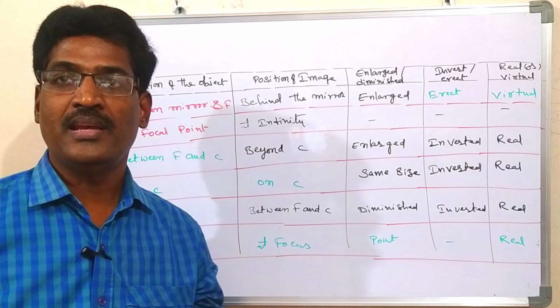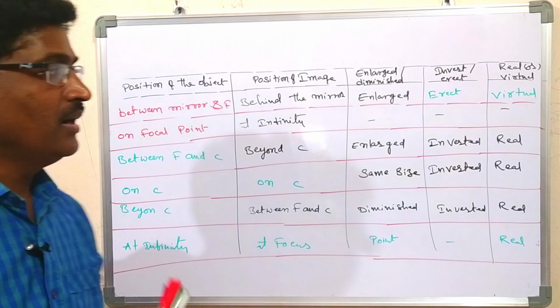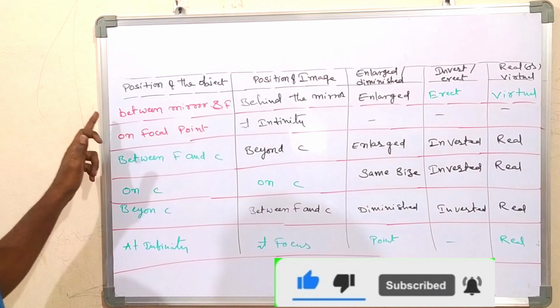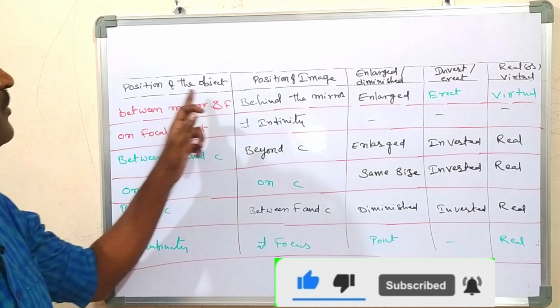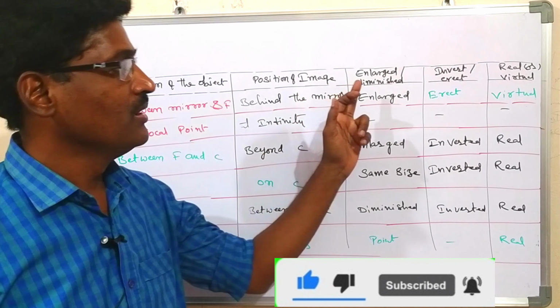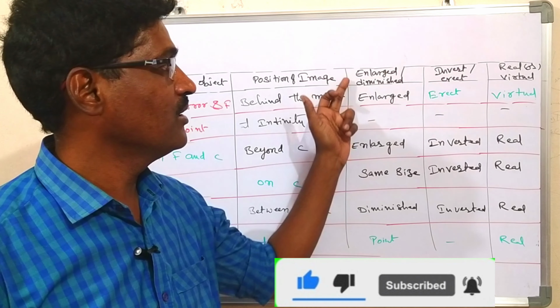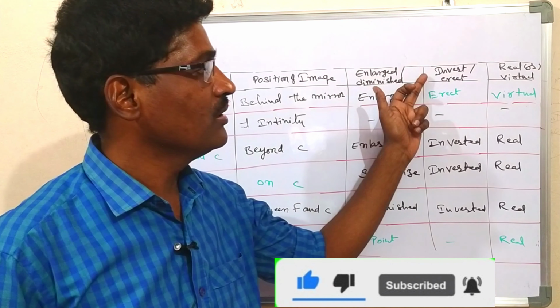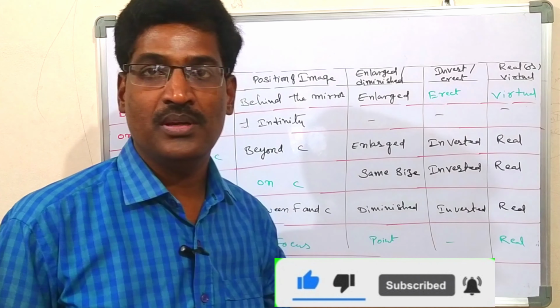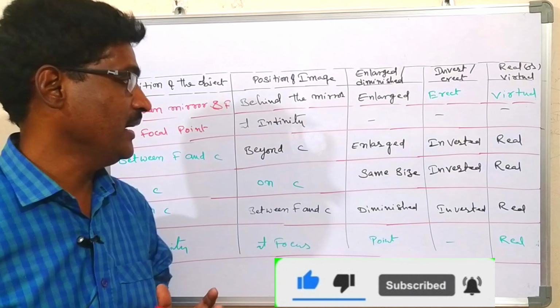Before, I explained diagrammatically. Now I will explain in tabular form. If the object is placed, the position of the object, the position of the image, whether it is enlarged or diminished, whether the image is inverted or erect, real or virtual, we can write as a table.